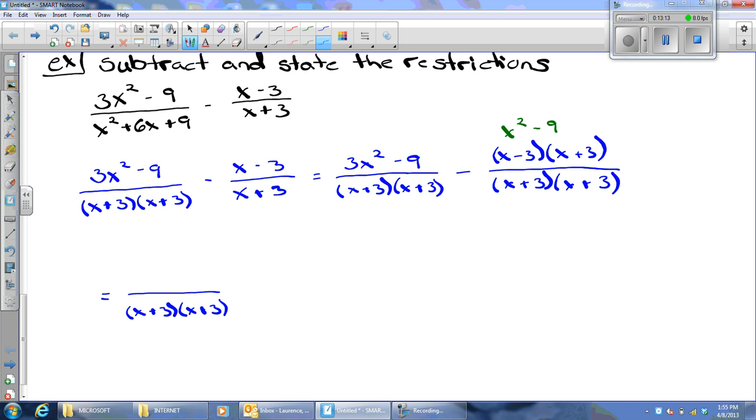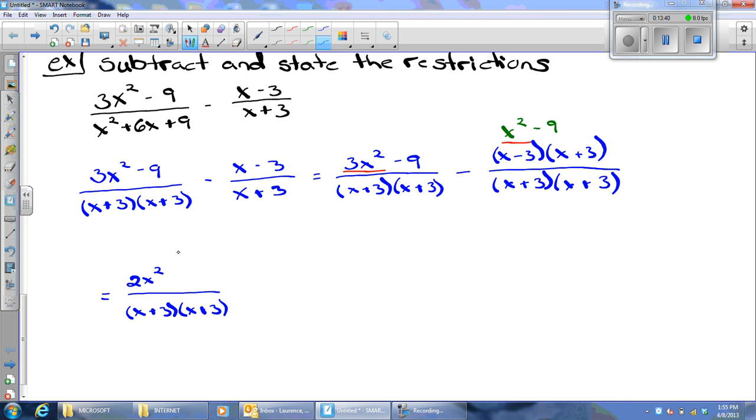Okay, so I have a 3x squared and an x squared. So 3x squared minus x squared, that's going to give me a 2x squared. And a negative 9 minus a negative 9, that'll give me 0.